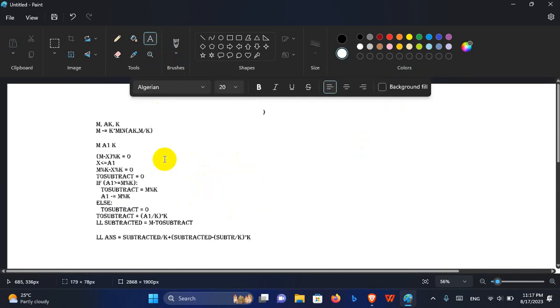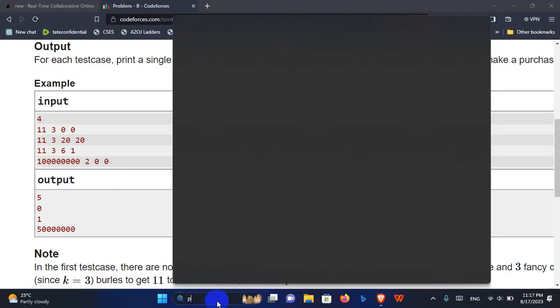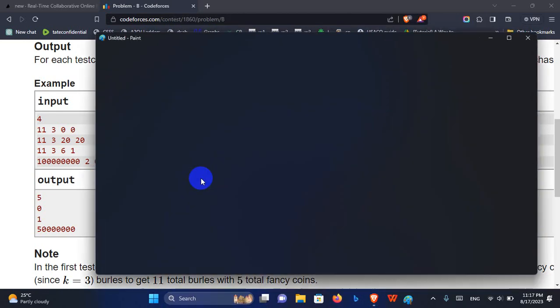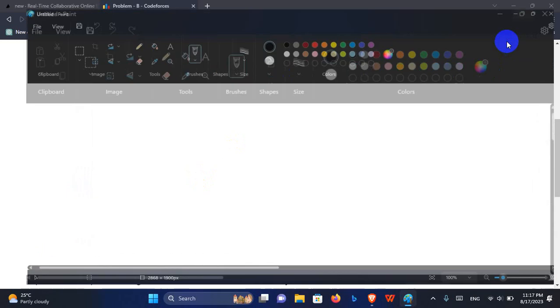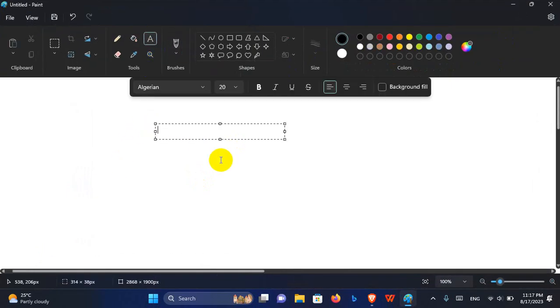There are some cases, for example, after doing this first operation only with ak, think that we have k equals 5 and m equals 4, m equals 3, and we have a1 is this 1.